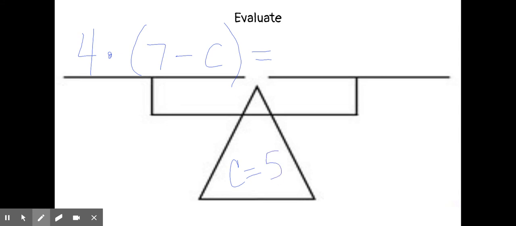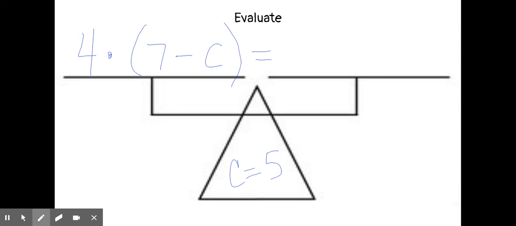I'm going to tell you that c equals 5, and now you are going to plug it in to figure out what that expression equals. So it's kind of like what we previously did, except I'm going to tell you what the variable is worth, and then you figure out what the other side equals. Kind of makes sense? Let's give it a try.